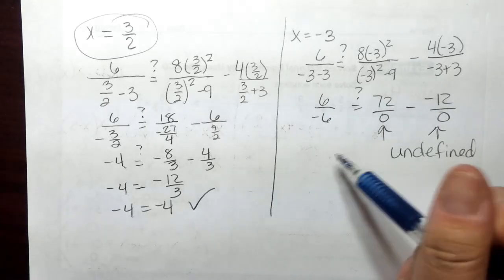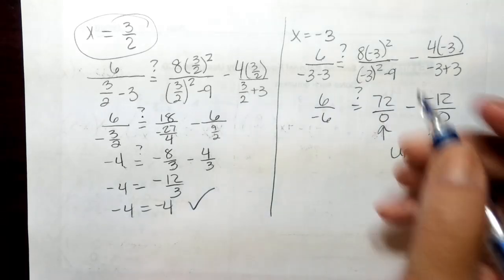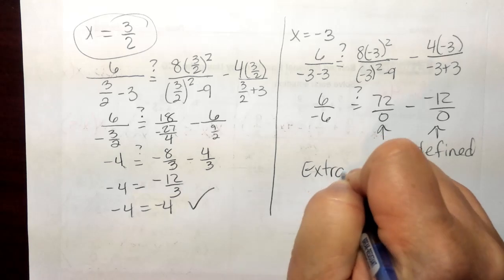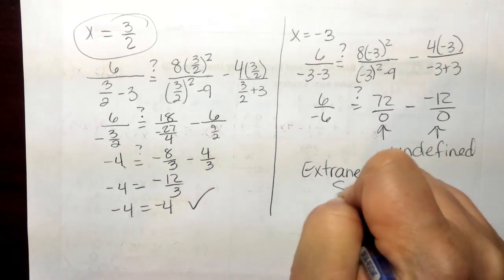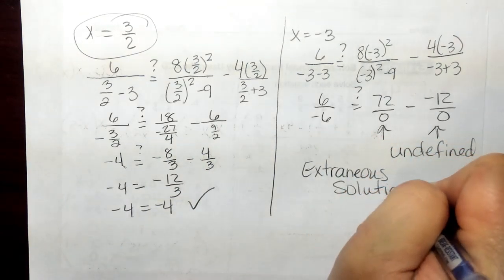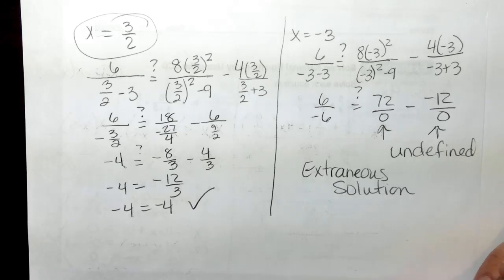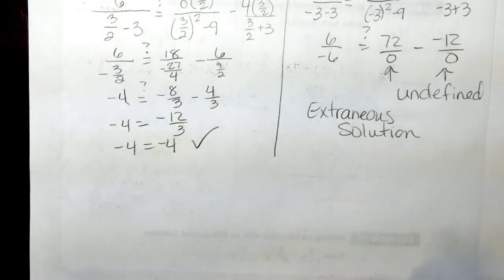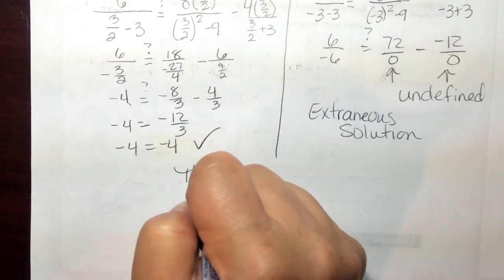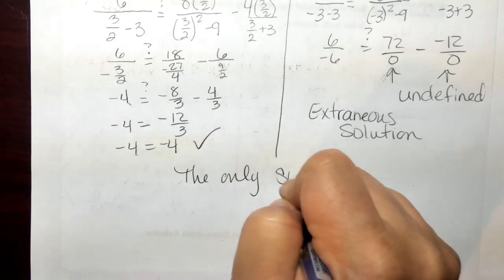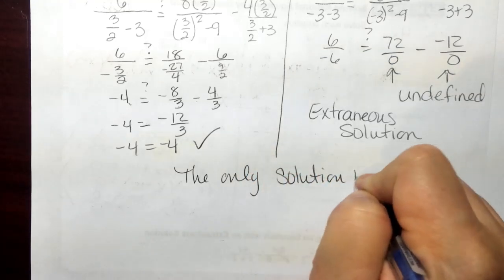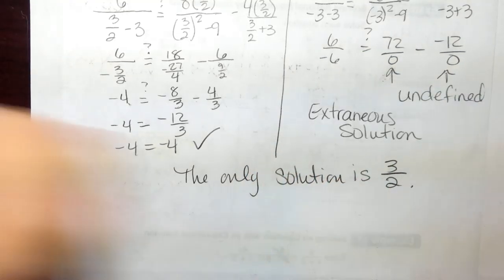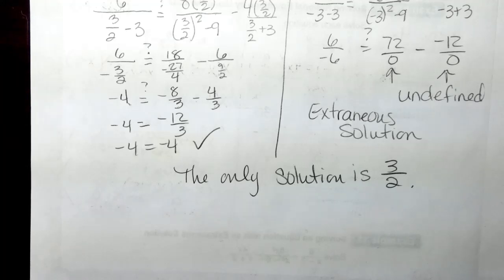So because of this, we're not able to go any further. So this one would be an extraneous solution. So even though we got it as our answer, when we plug it back in, it does not work. So the only solution is 3 halves. All right, so that is the only solution.